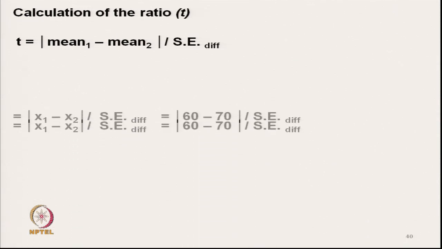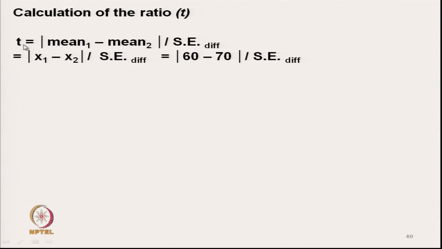Okay. Now, T is 70 minus 60 by standard error of difference, and we know the standard error of difference is 2.265. So, T value has become 4.415.